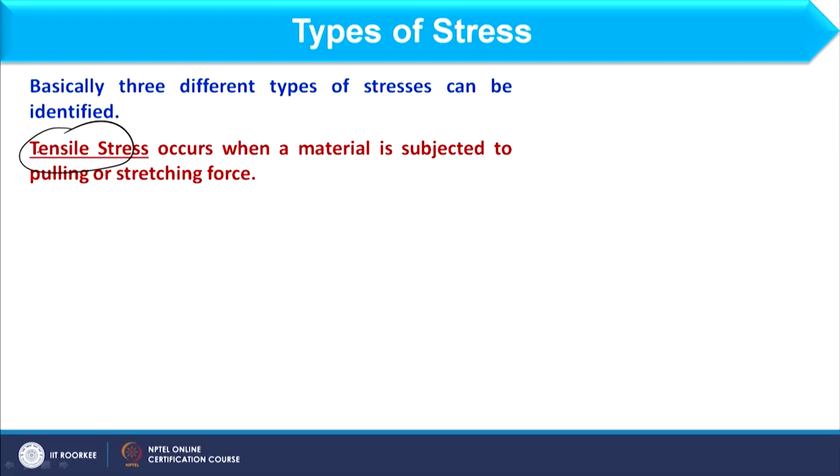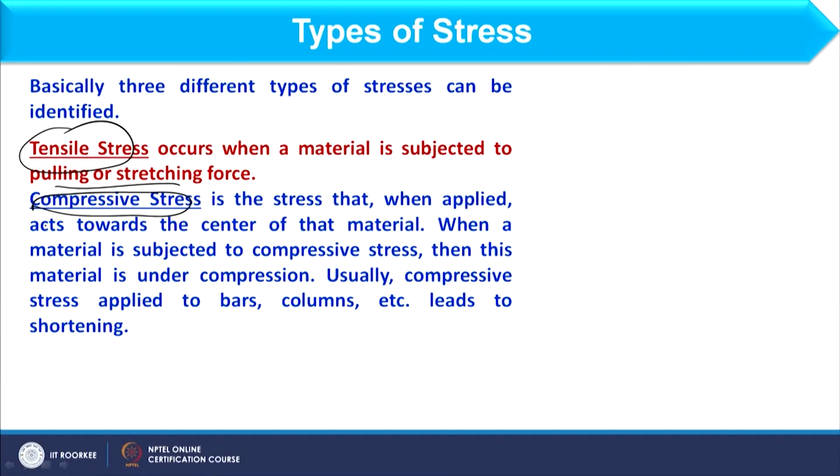The first one is the tensile stress. Tensile stress occurs when the material is subjected to pulling or stretching. If I pull the object from one side, that will give tensile stress in this object.